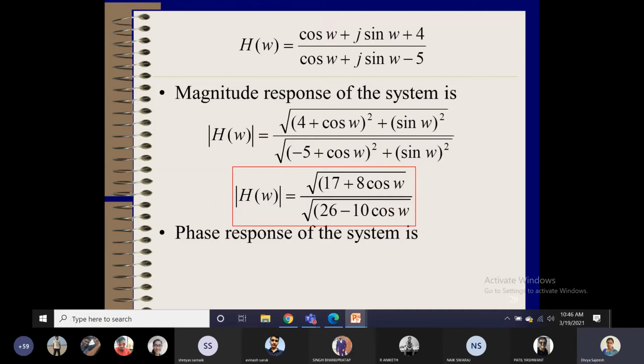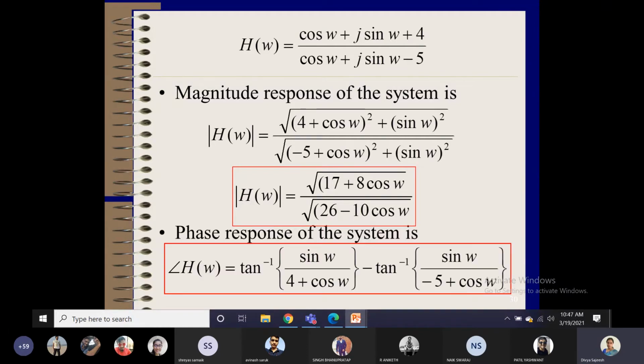So we can either segregate H of omega into the real and imaginary parts together, or I can do it separately on the numerator and denominator. The angle of the system is equal to tan inverse of the numerator's imaginary by real.